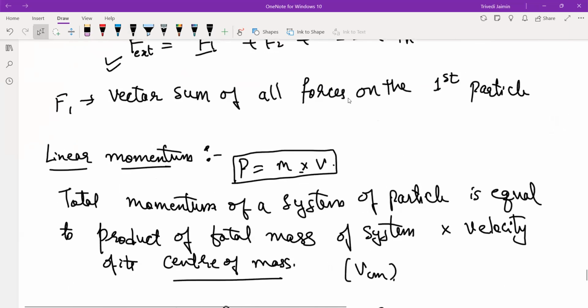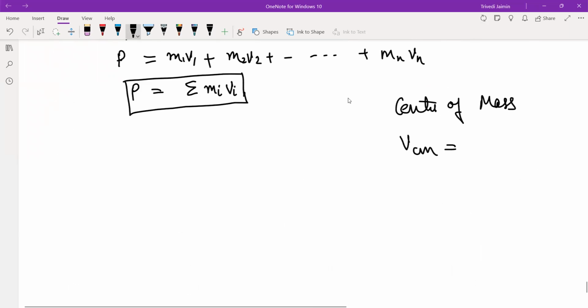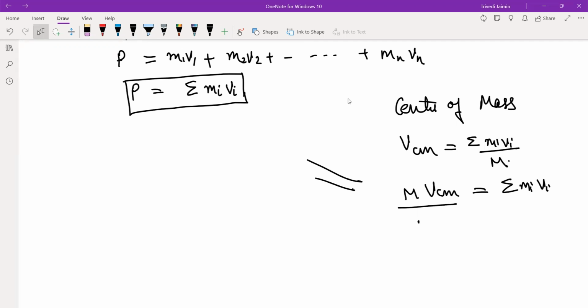Summation of Mi Vi by M. So M VCM equals summation of Mi Vi, which is equal to the momentum of center of mass. Same thing I'm saying.